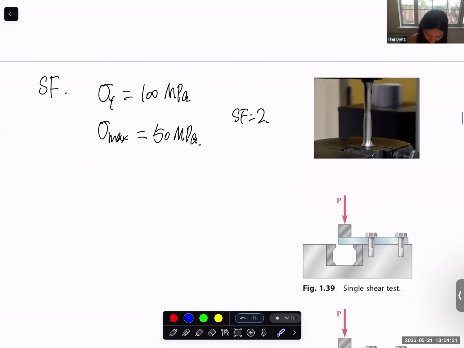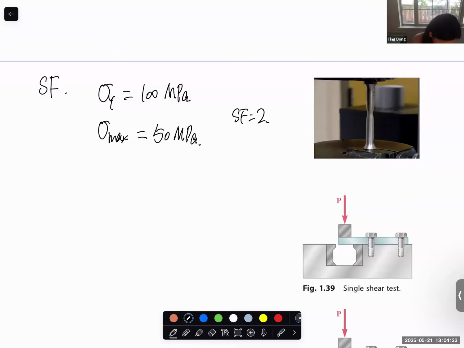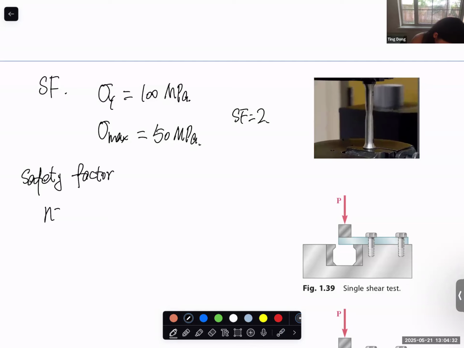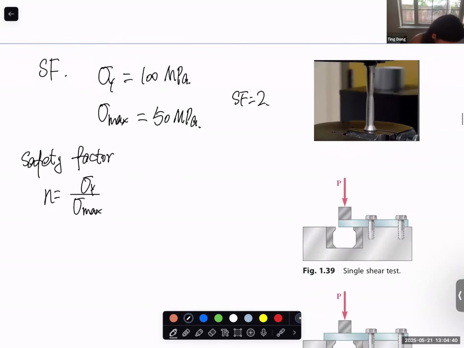And we can do safety factor for both normal stress and shear stress. For normal stress, it is basically the yield strength over the maximum normal stress.